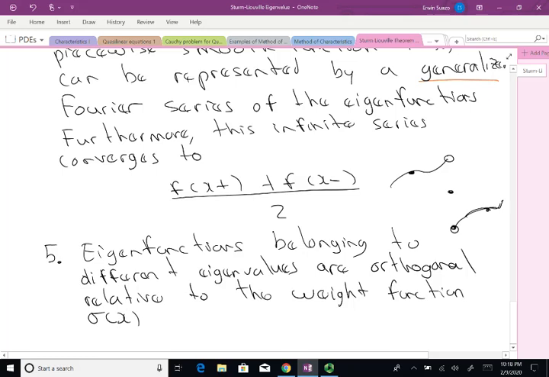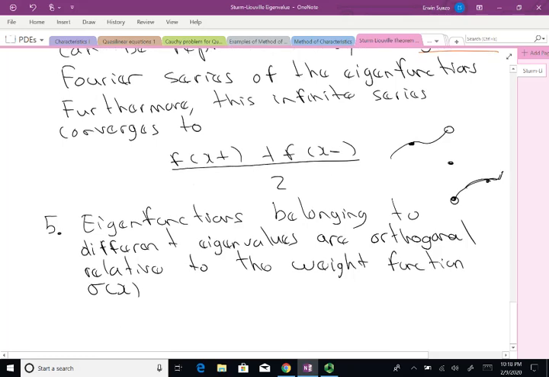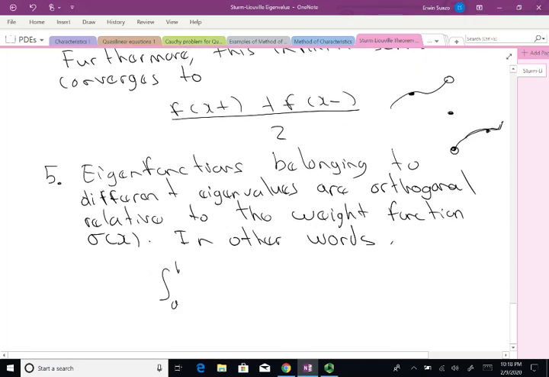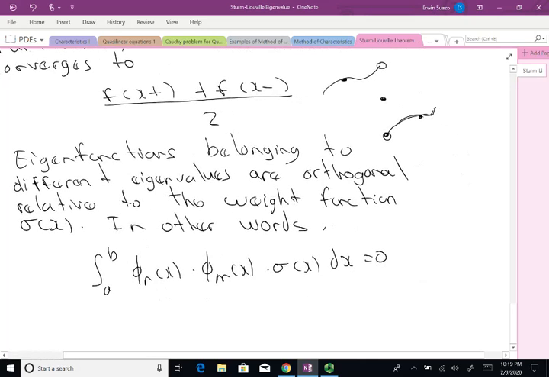This is not a problem for us because sigma of x is 1 for us. In other words, the following integral is 0: the integral between a and b of phi sub n of x times phi sub m of x times sigma of x dx equals 0 if lambda n is different from lambda m.